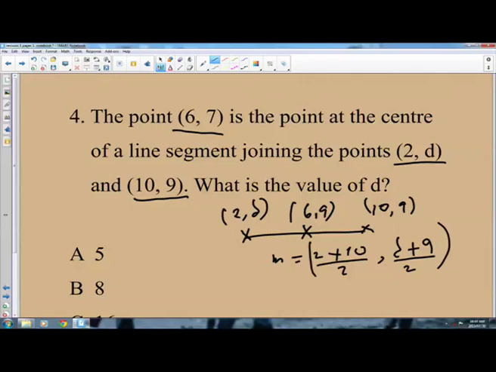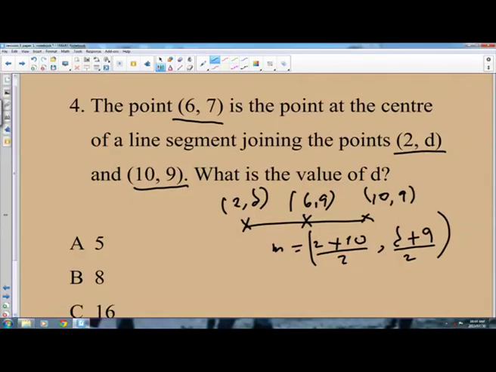Remember, m is the coordinate of the midpoint, and from here we are told that the coordinate of the midpoint is 6, 7. So 6, 7 will be equal to 2 plus 10 is 12 divided by 2, this will be 6, and then d plus 9 divided by 2. 6, this is the x coordinate, is equal to 6, and 7, which is the y coordinate, will be equal to d plus 9 over 2.